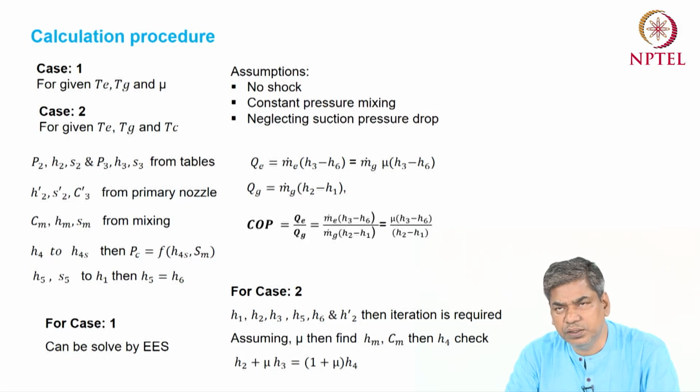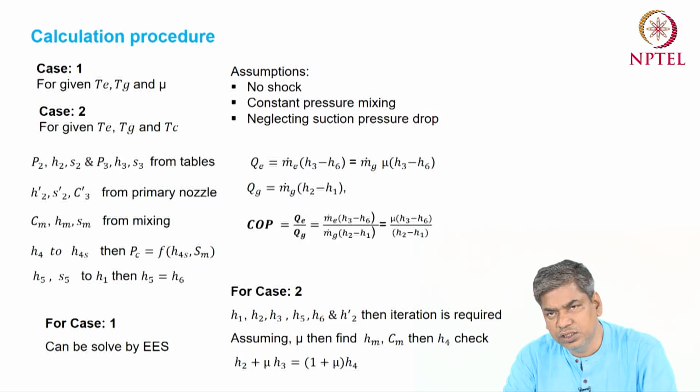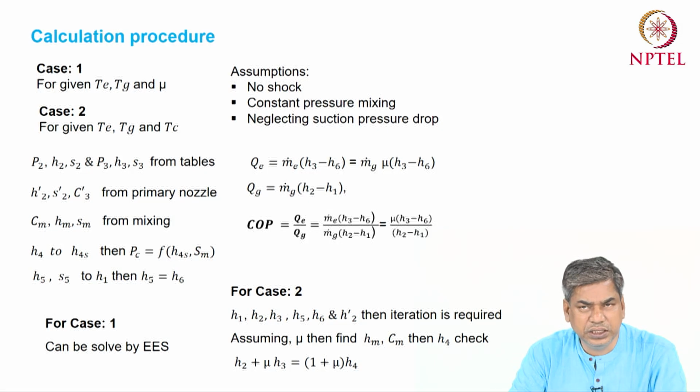That means for the performance parameters, cooling effect, heat input to the generator and COP of the system. So in case 1, where mu is given apart from the evaporator temperature and generator temperature, we can use the step by step equations to calculate the evaporator pressure, which I have already discussed in the previous slides.